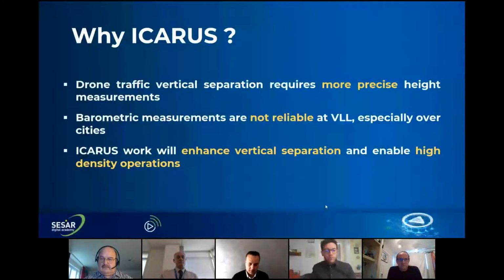With the forthcoming increase of drone usage in our skies in the next few years, there will be the need for more precise height measurements to ensure that drone traffic and manned traffic will be separated. And the barometric measurements are not very reliable at very low level, especially over cities.